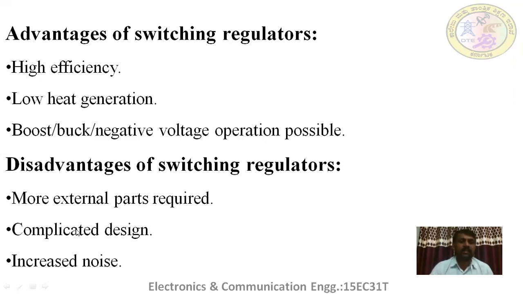And these are some disadvantages. As we saw earlier in the slides, it requires more components and circuitry. Therefore, it is more complex, and the design is also complex. There is a chance of interference like electromagnetic and radio frequency interference, and these are all controllable, right?